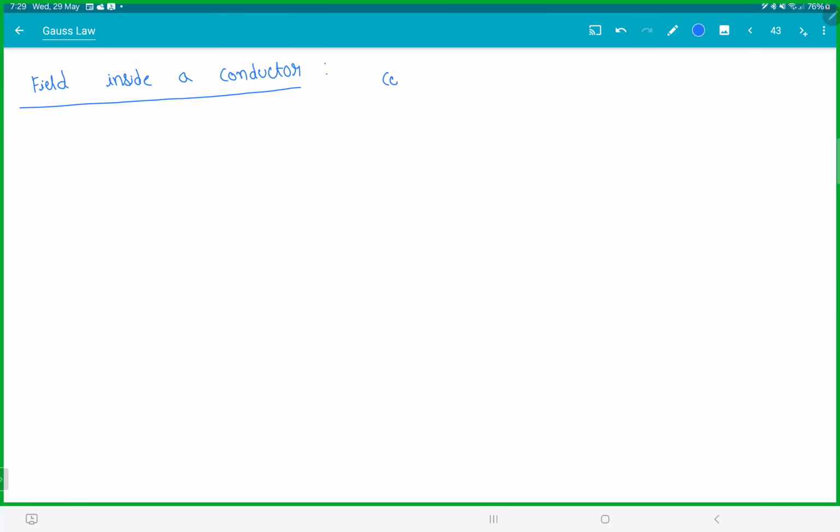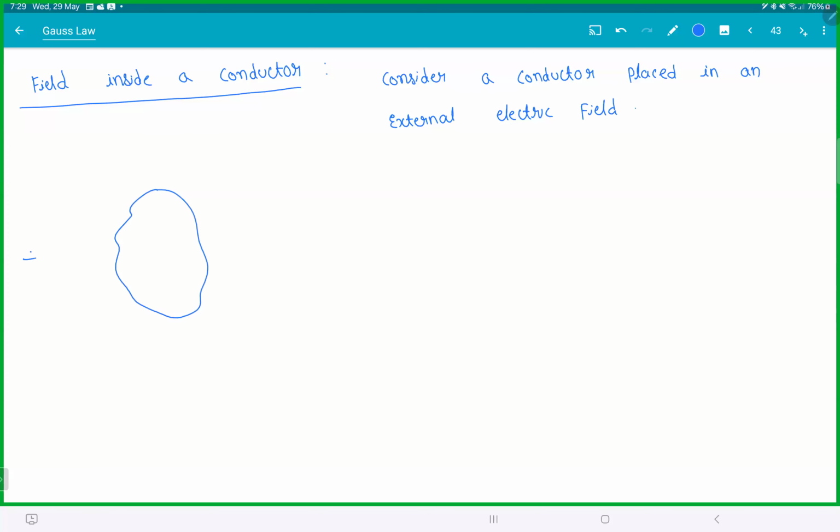So consider a conductor placed in an external electric field. Now see what happens. That field could be due to anyone. If you take a conductor like this and bring a plus Q here, we know there are a lot of electrons sitting inside.